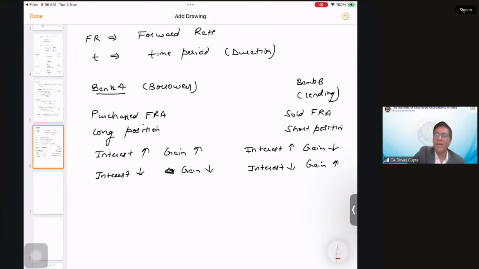And from the lending side, this is called the selling of FRA, sold FRA. Bank A is the long position, Bank B is the short position.